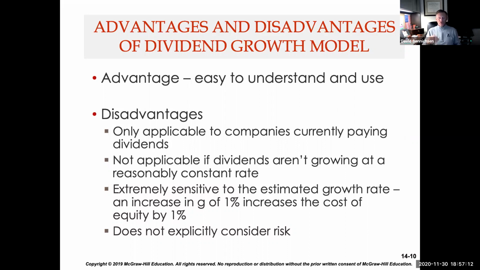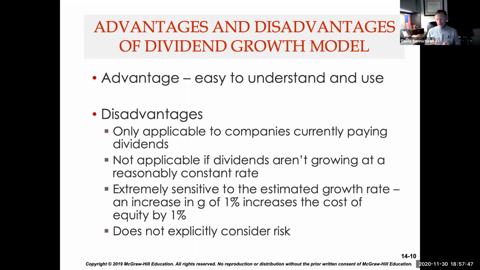Okay, and as you can see from the model, it is sensitive to growth rate changes. Any 1% increase in the growth rate will increase the cost of equity by 1%. Plain and simple. That's just the math. And finally, a key point here is that it doesn't explicitly consider the risk associated with the business.